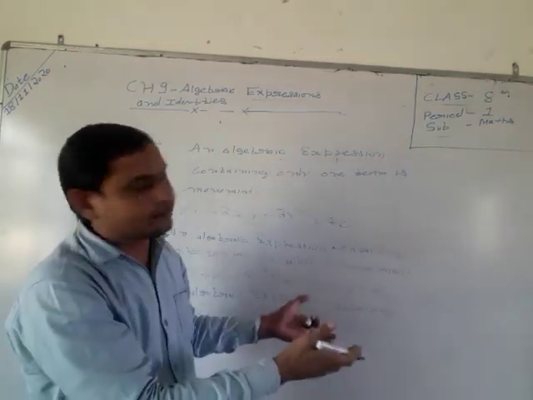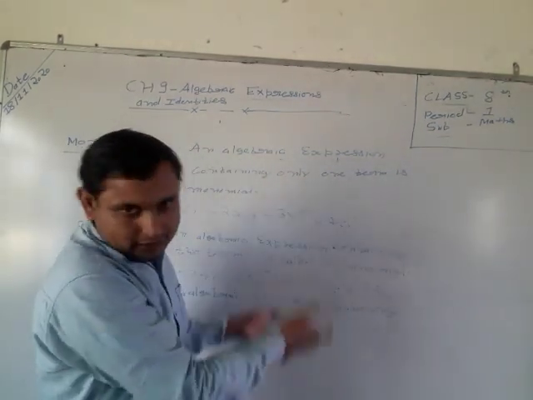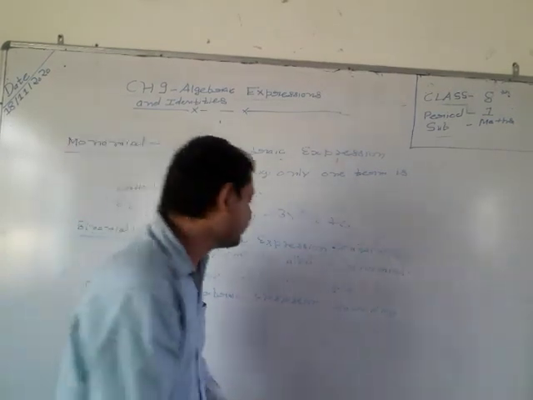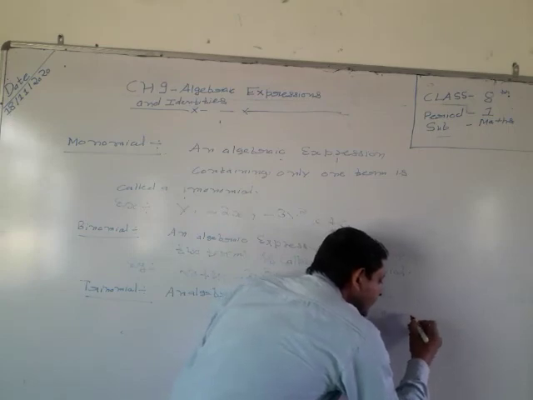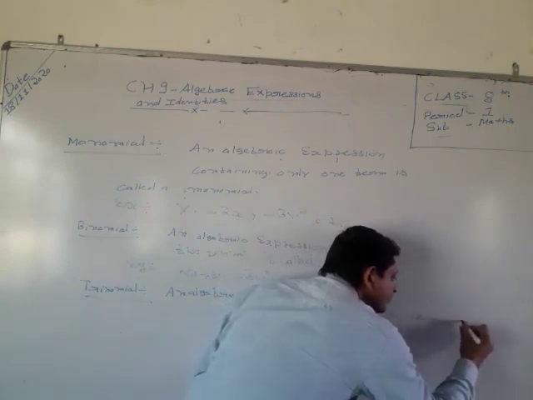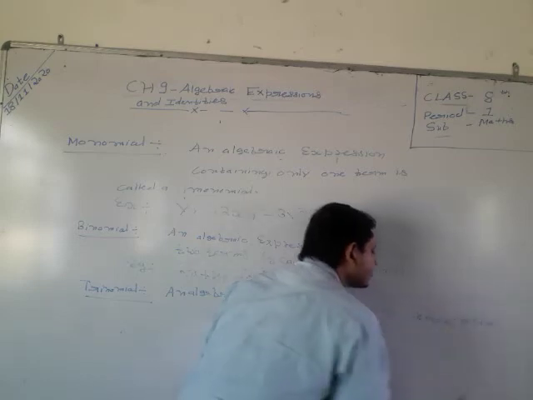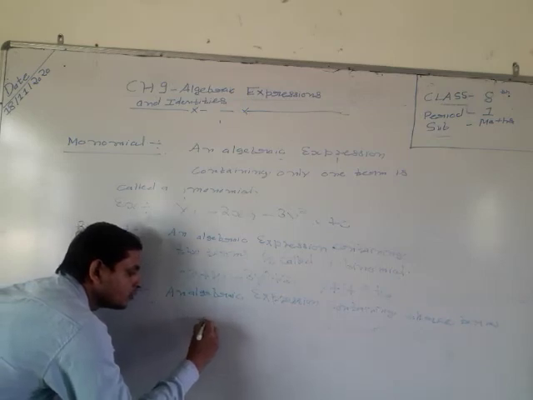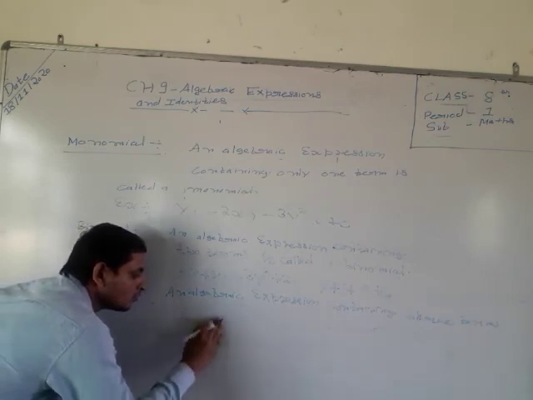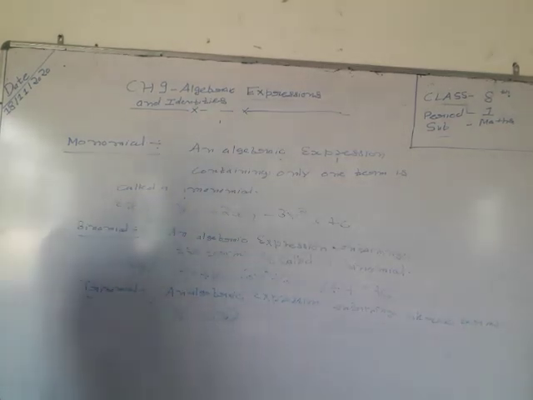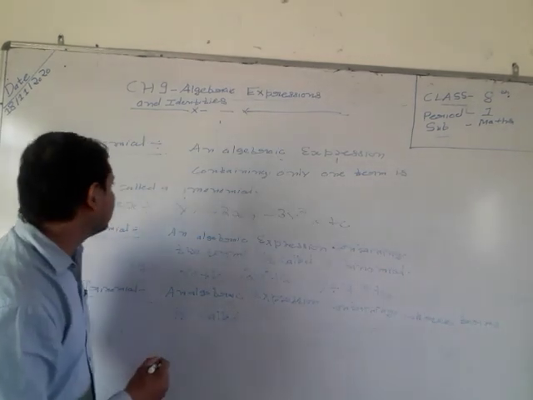For monomial it was 1, for binomial it was 2, for trinomial by the name you know tri is 3. An algebraic expression containing three terms is called a trinomial.